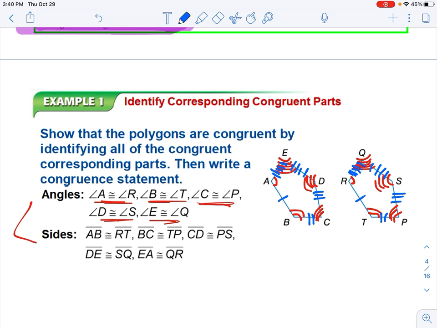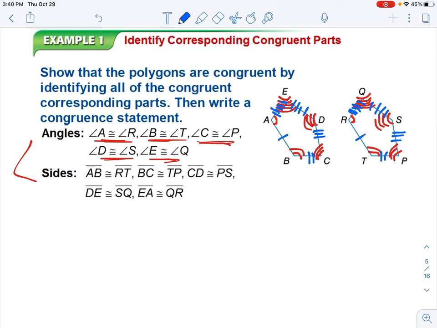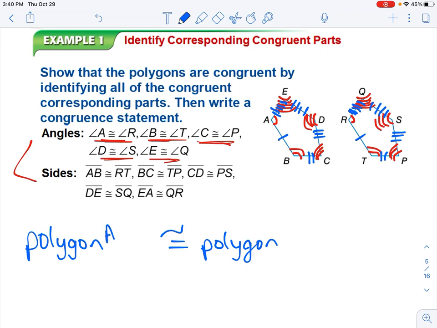So yes, it is very messy. But we have identified our congruent corresponding parts, and now we can write our congruent statement. We know it will be a polygon is congruent to another polygon. If I start at A, I'm going to go either A to E or A to B. I'm going to go A, B, C, D, E, which means I went single, double, triple, quadruple, and then to the fifth one.